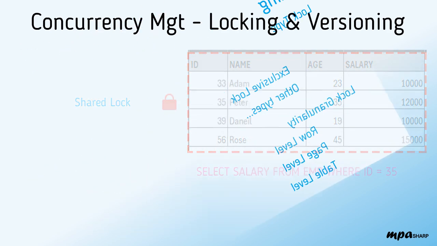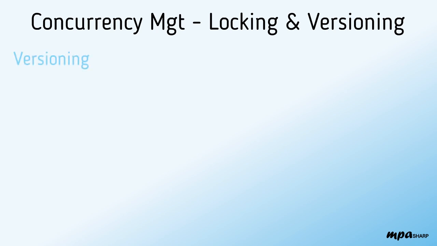Next, let's take a look at the versioning technique. Versioning is the multi-version concurrency control, or MVCC, approach. Instead of locking data for readers, SQL Server maintains row versions, multiple versions of a row in TempDB, allowing readers to see a consistent snapshot of the data.